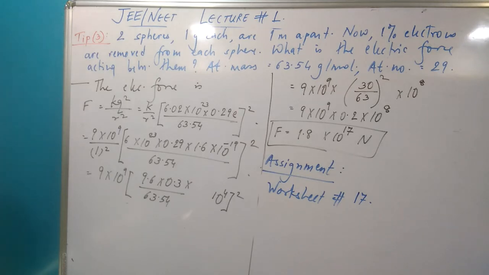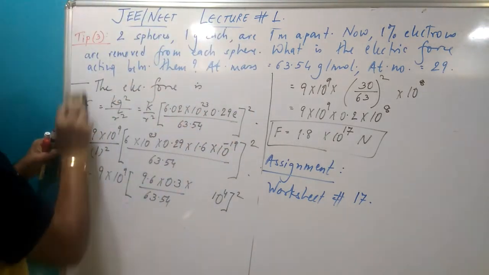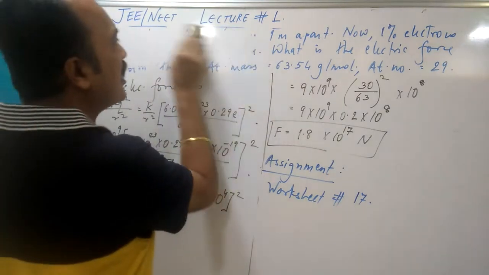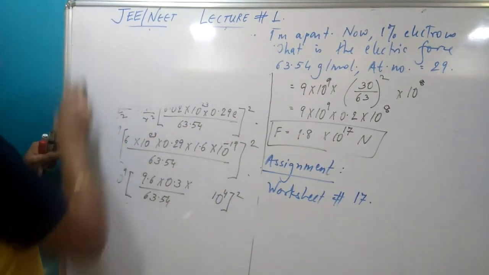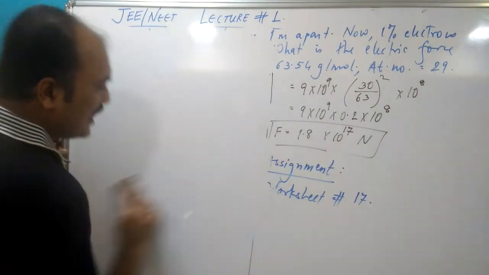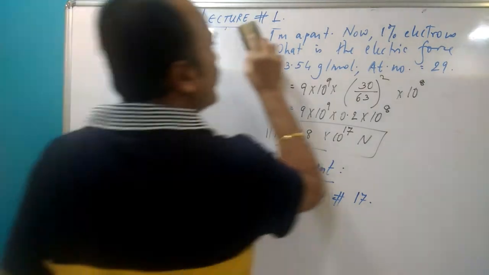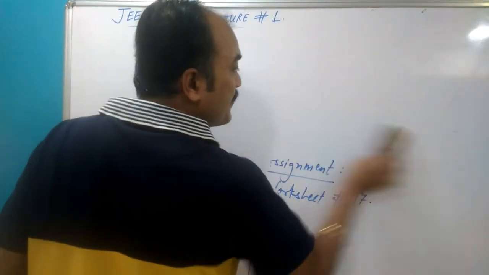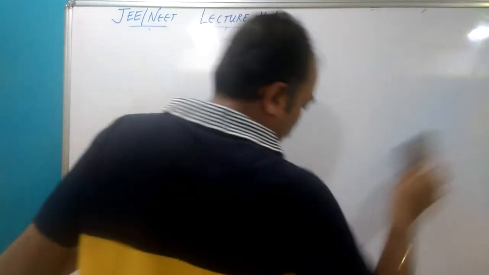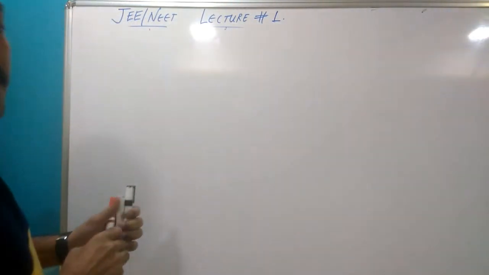Tip 4, I think we already saw when we were doing the additional exercise numericals of chapter 1. And in that, what is the idea? The idea is pretty simple. Everybody knows that if a charge Q is placed in an electric field E, it will experience a force. We use that, do we remember?